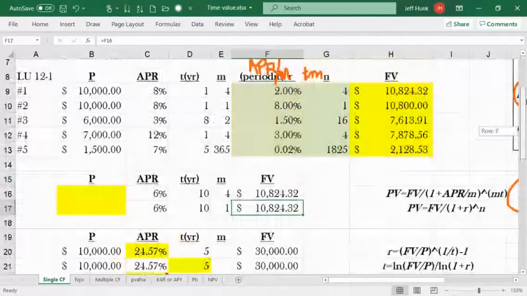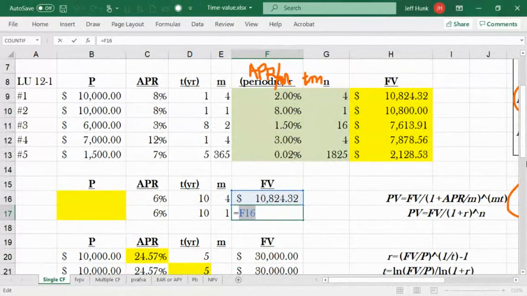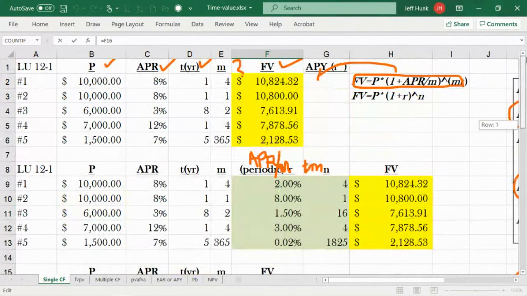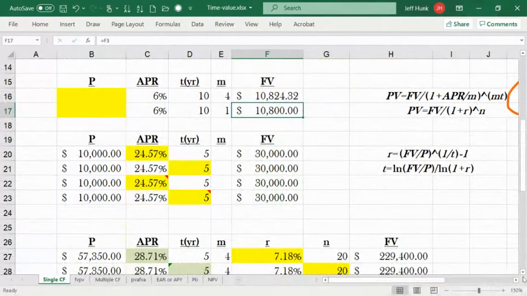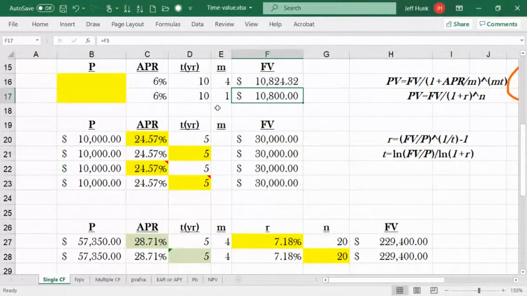I've got to make it equal 3. So if you want to have $10,800 in your bank 10 years from now, and the interest rate is 6% and the compounding is just annual, how much do you need to put into the bank today?